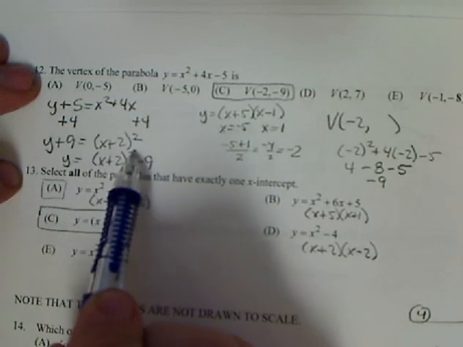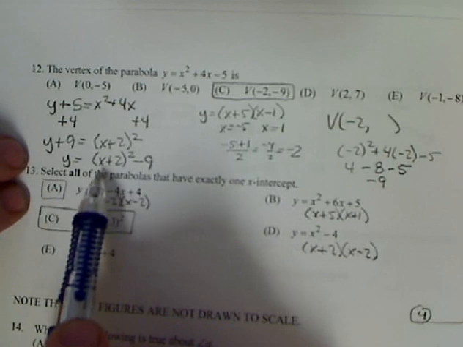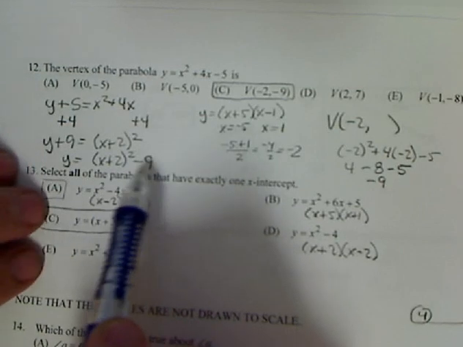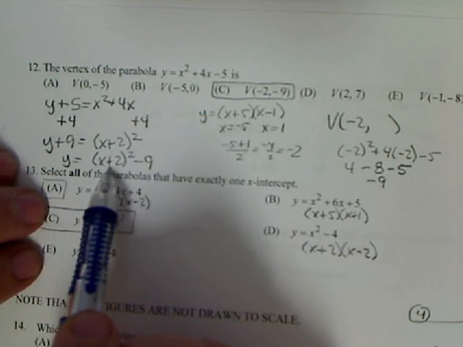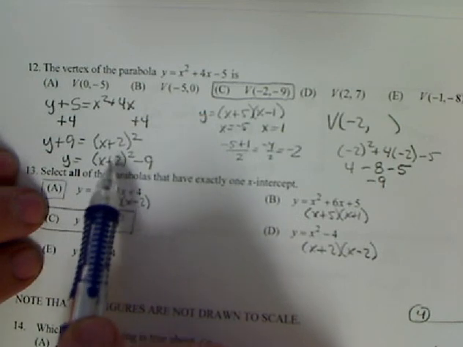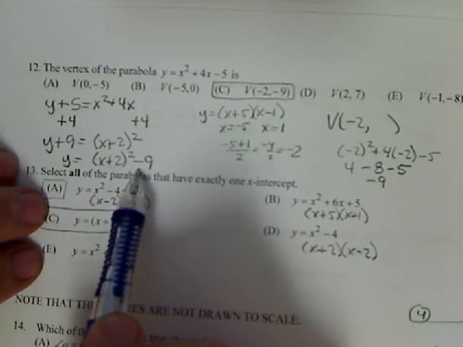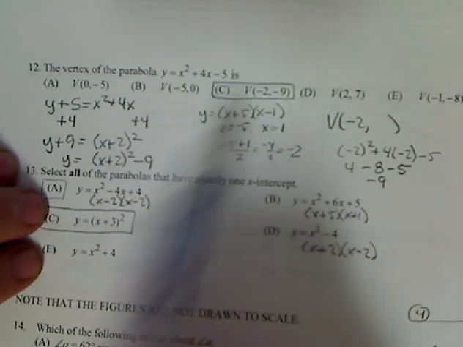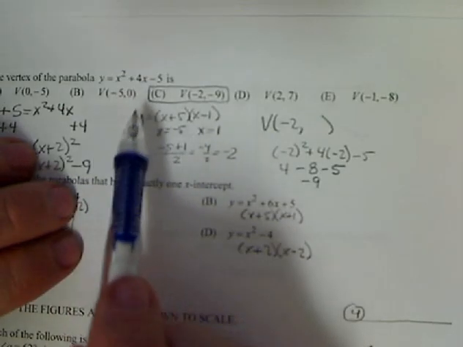So I get x plus 2 squared. Subtract 9. I have x plus 2 squared minus 9. My vertex is what makes this part equal 0. So when x equals negative 2, when I plug in negative 2, I get 0 squared minus 9. That's negative 2, negative 9. There's my vertex.